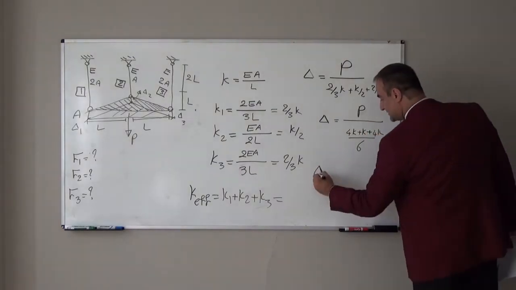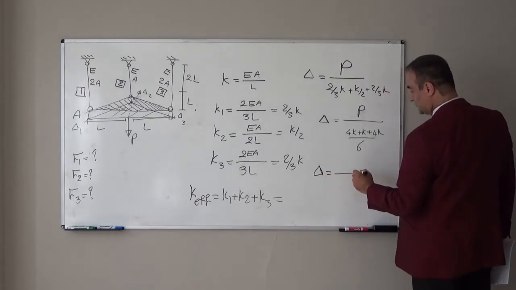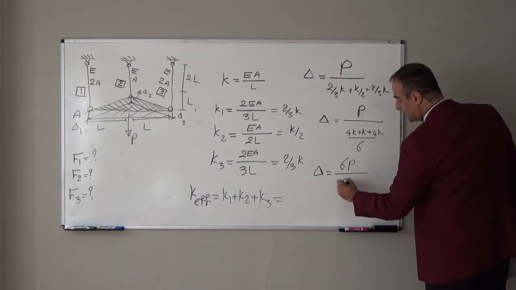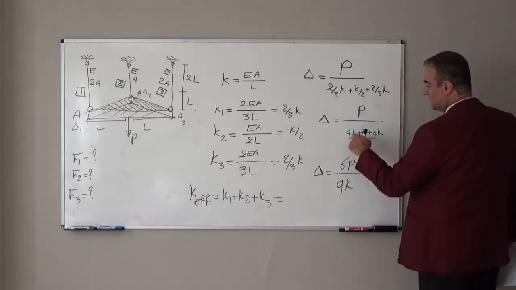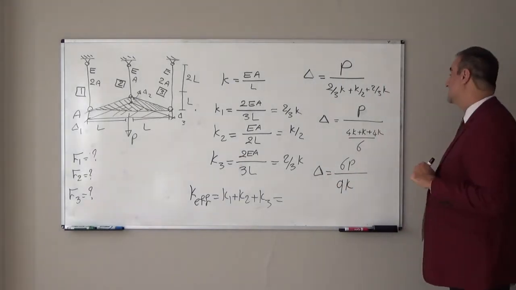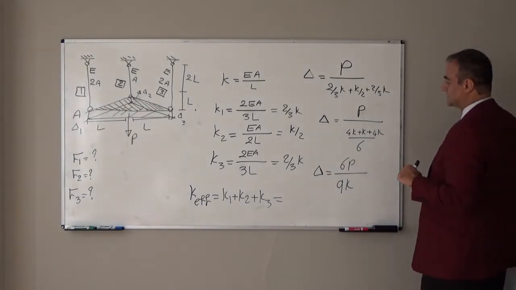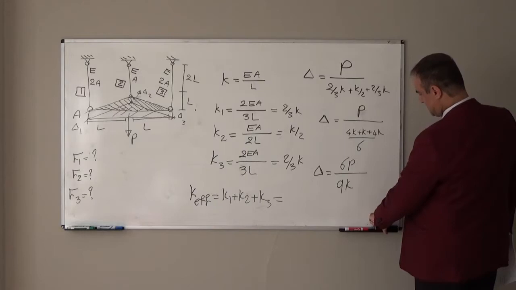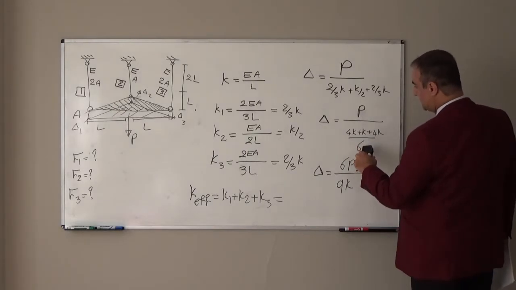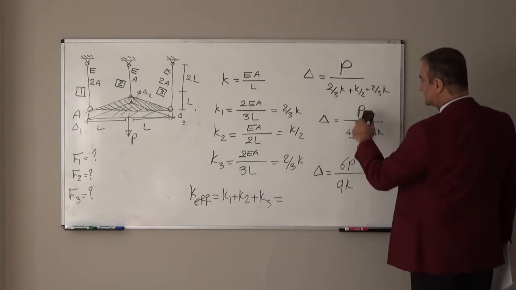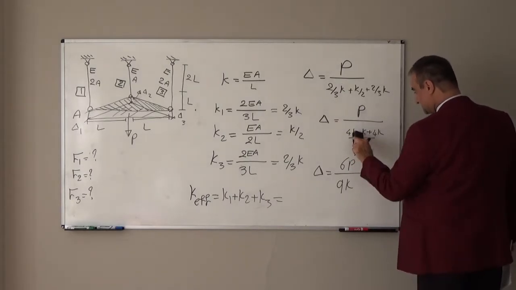So delta will be equal to 6P divided by 9K. 4K, 4K, it will be 8K plus. I made one mistake here, sorry. This will be 6 divided by 3, 2, 4K. 6, this will be 3K.